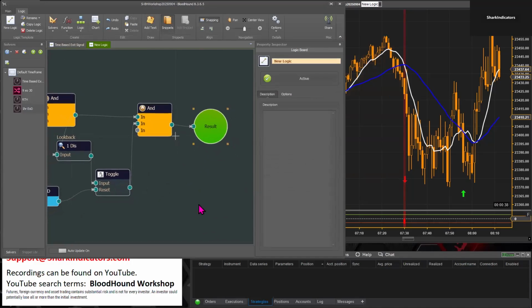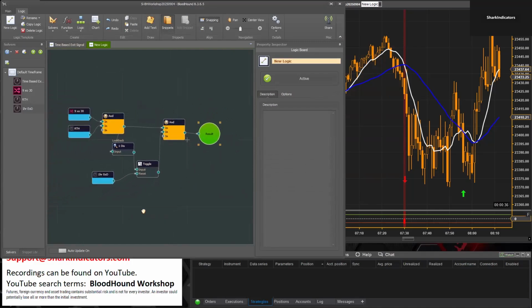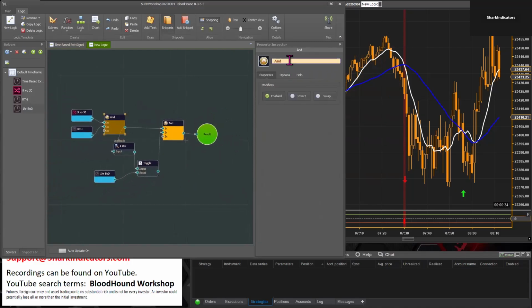Then if we look at the actual signal there, I'm just going to name these AND nodes so we know what's coming out of them. There we go.